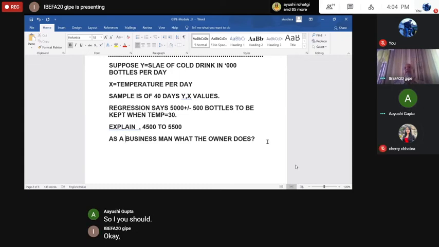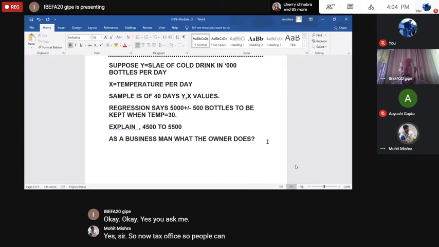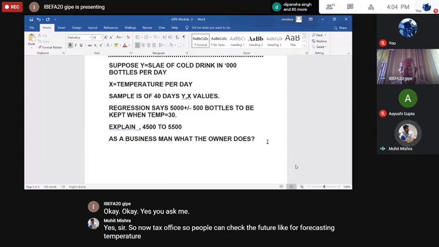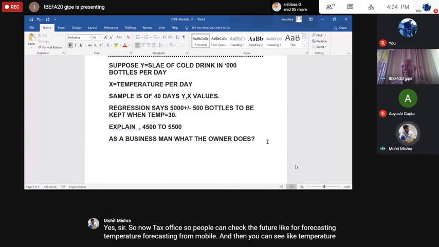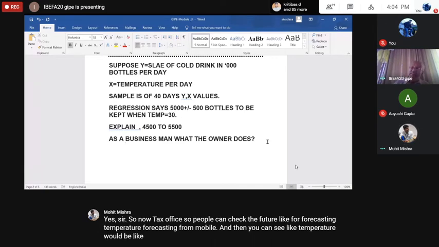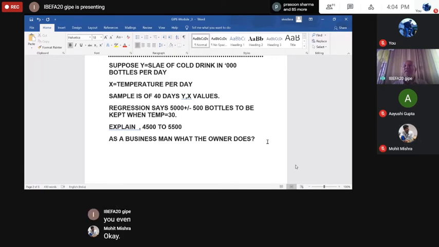Okay. Yes, you ask me. Yes, sir. Now the shopkeeper can check the future, like temperature forecasting from mobile, and then see whether the temperature would be higher, and keep stock accordingly. Even if he keeps 6,000 bottles, the remaining he can use the next day.